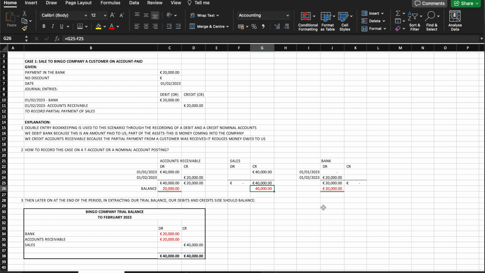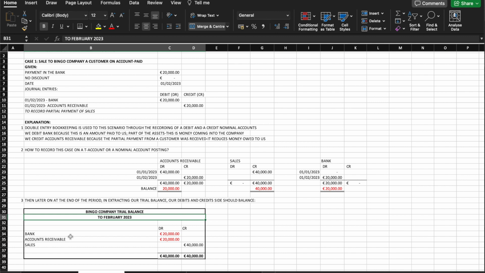And then later on at the end of the period, guys, in extracting our trial balance, our debit and credit sides should balance. So Bingo Company trial balance to February. I put up to February, guys, because when you run the trial balance, you can run it per period, but I want to run it from the beginning of time to February.